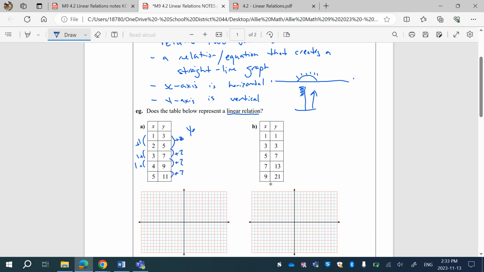So yes, because they increase at a consistent rate. Like linear, you can think about it as.